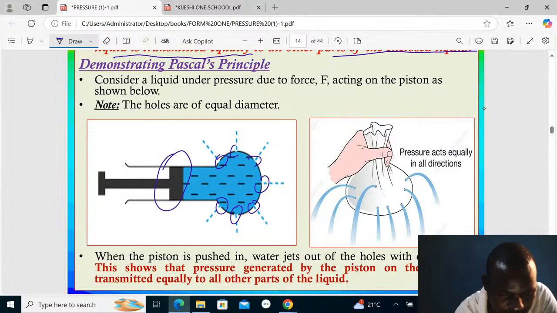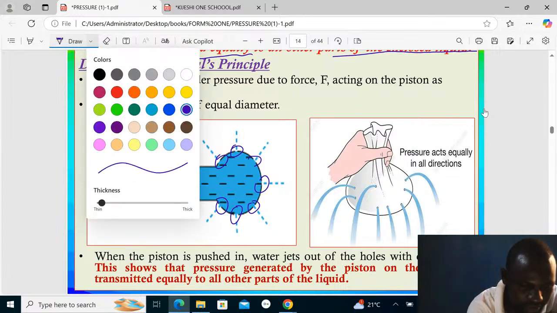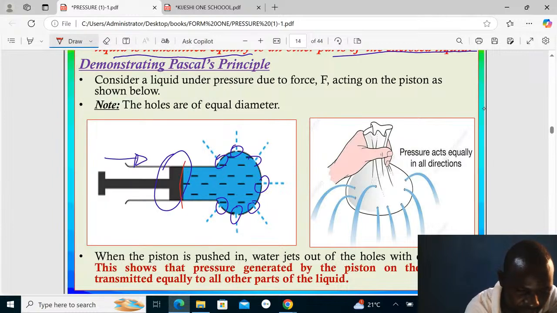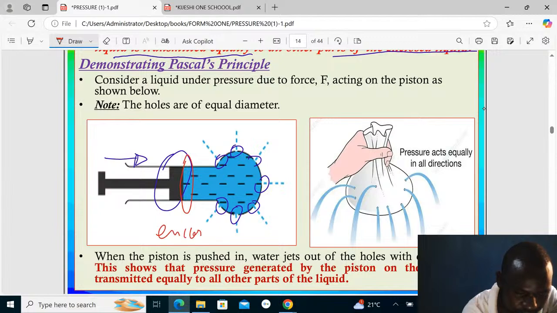So the moment this piston is pushed inwards, at this part of the liquid is where it is going to exert some pressure. But now, because the liquid is enclosed, we are going to have the pressure equally transmitted.